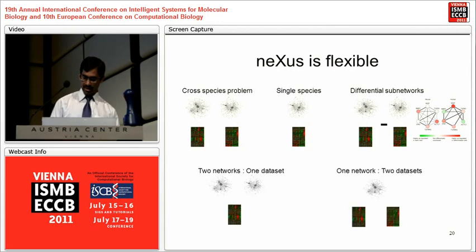Also, other cases are possible when you have two networks and one data set. If you don't have a network in your species, then we can integrate with the network of another species and the data set of another species. That is also possible.